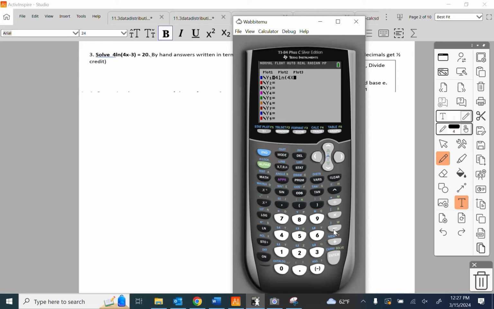It's not a happy face. There's y1, there's y2. Zoom 6 is going to be useless because you put a 20 in y2, but you do it anyways. Then it presses the window key. It wants to look up about 25 units.